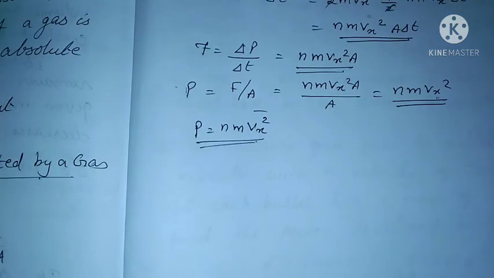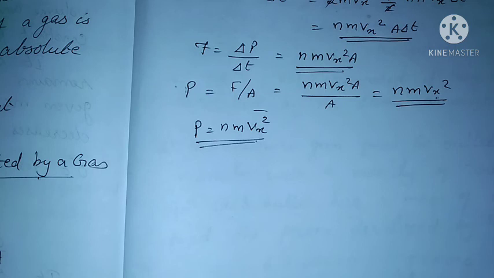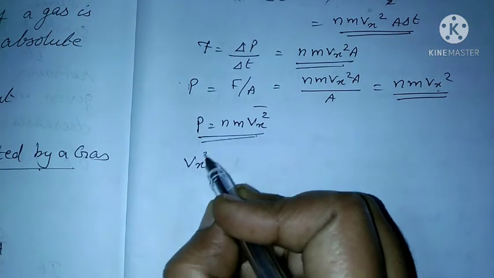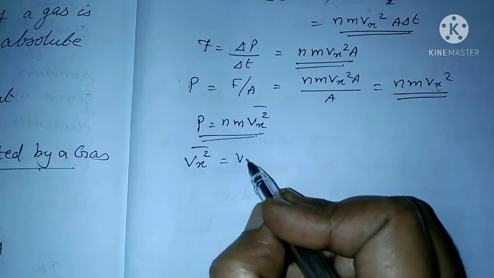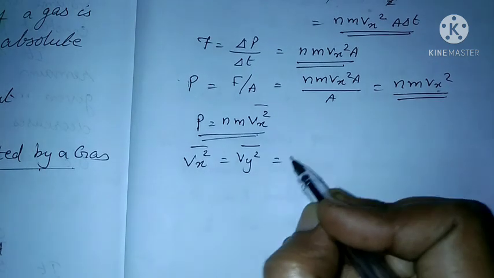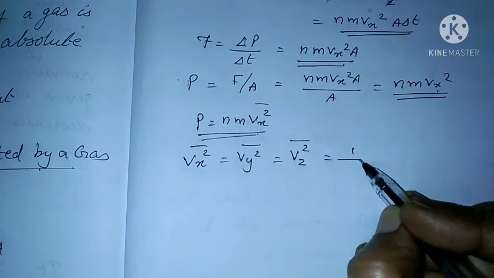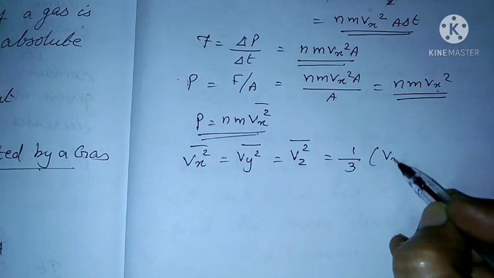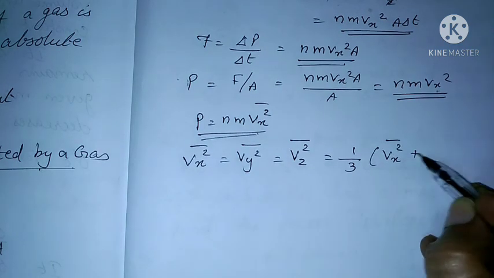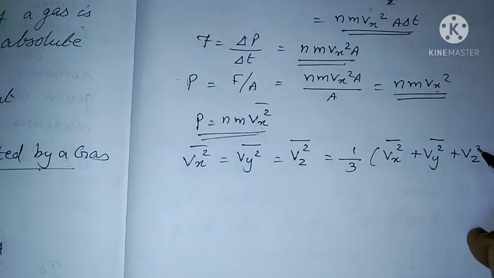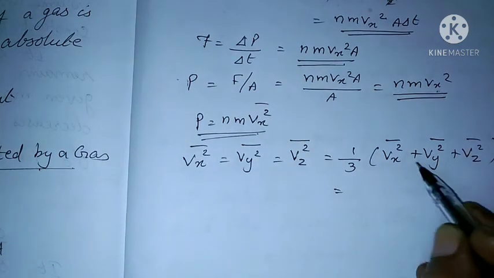Then, if the gas is isotropic, the molecular velocities are almost equally distributed in different directions. So, by symmetry, we can write Vx square bar is equal to Vy square bar is equal to Vz square bar, that is equal to 1 by 3 of Vx square bar plus Vy square bar plus Vz square bar. What is this value?